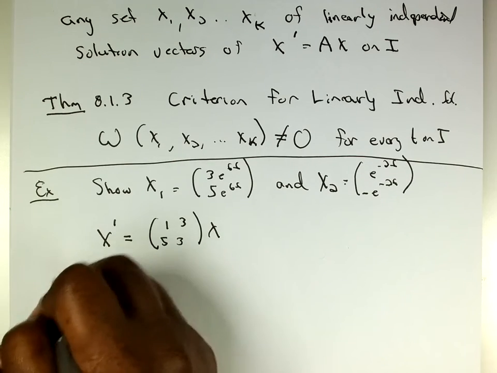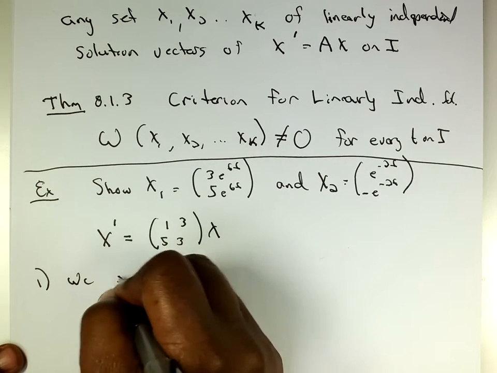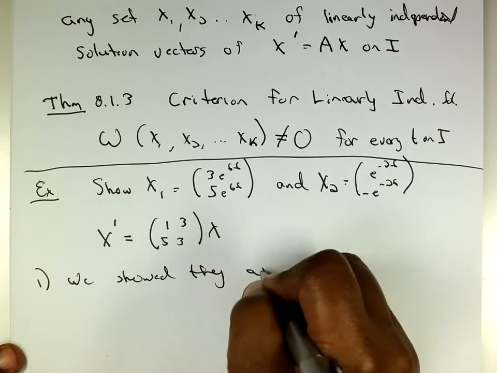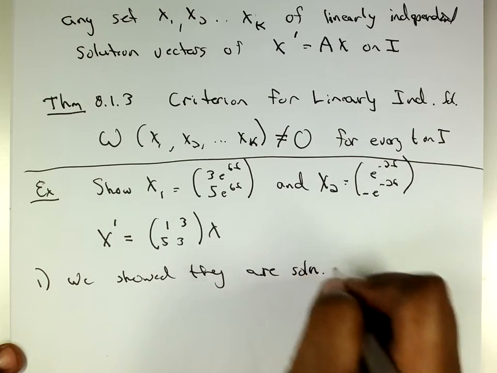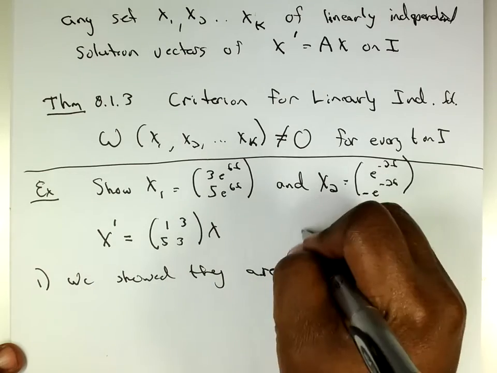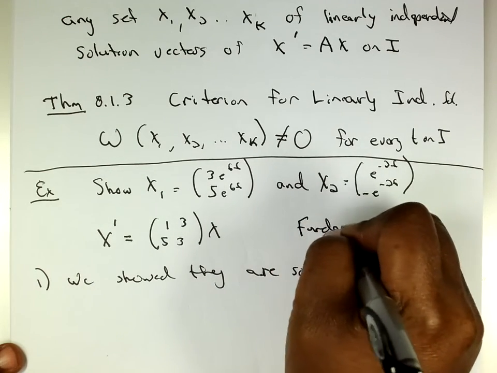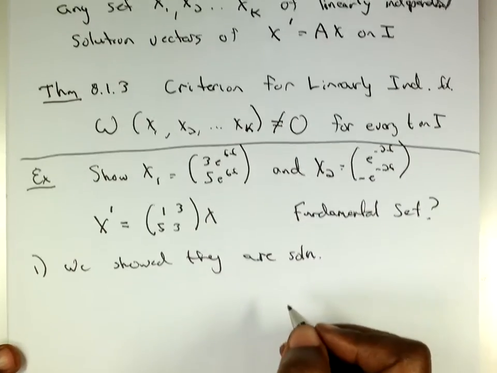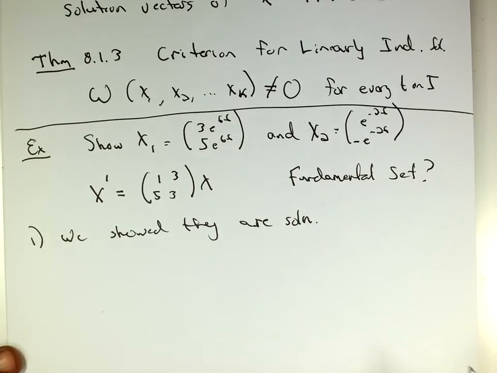We already showed they're solutions; that was the last example. Now we want to know if it's a fundamental set, so I'm going to use the Wronskian to show that.